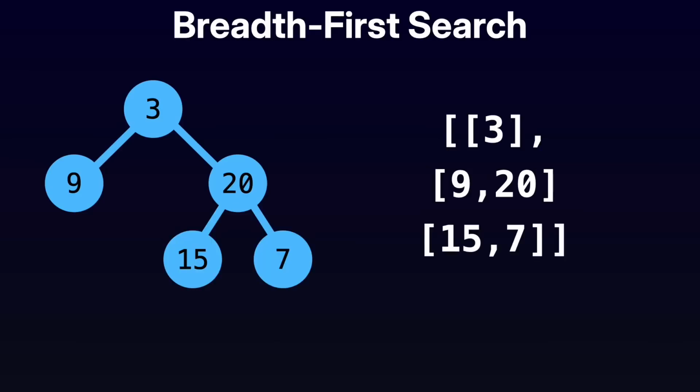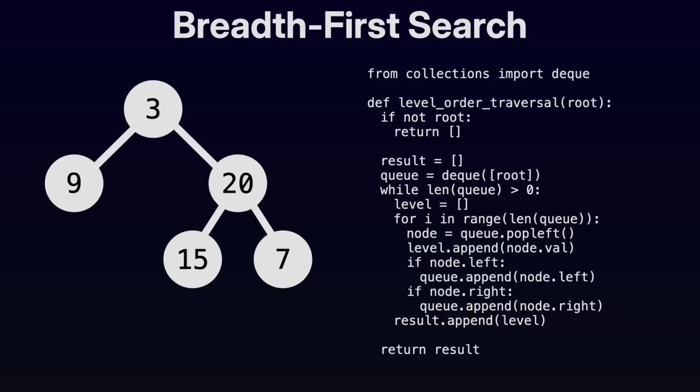We can solve this problem using BFS, as it's ideal for level by level traversal. The idea is to use a queue to help explore the tree one level at a time. First, we add the root node to the queue. Then for each level, we process all nodes currently in the queue by removing them and adding their values to the result.